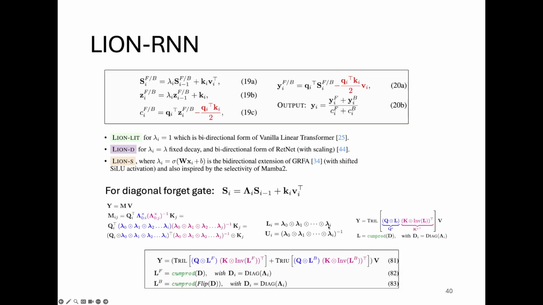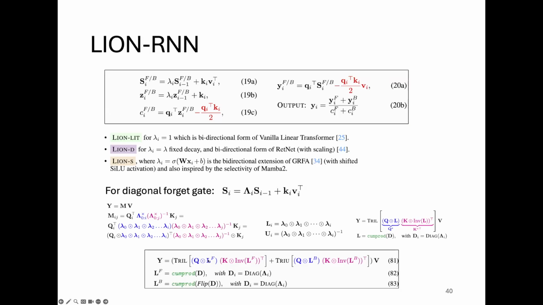This is also what lies at the core of the chunkwise algorithm for training linear transformers, but they do the same thing in a chunkwise fashion, to make sure that for each chunk, the cumulative product of decays is not over-cancelling or overflowing, leading to catastrophic cancellations or very, very large numbers. Therefore, they are doing it in a chunkwise form. This is a full representation of diagonal decay in full parallel form, but in the bidirectional sense.